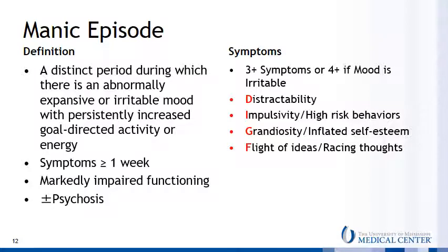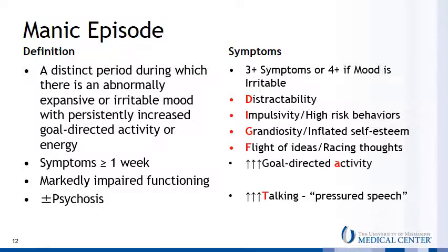Patients often report racing thoughts or display a flight of ideas, often expressed as greatly increased talking, often called pressured speech. As mentioned, patients in a manic episode often engage in an enormous amount of goal-directed activity and have very little need for sleep, often sleeping as little as 1 or 2 hours a night or not sleeping at all for 2 or more days. You can remember these symptoms with the mnemonic dig fast.